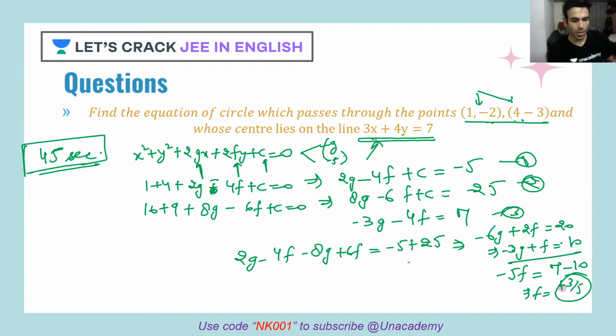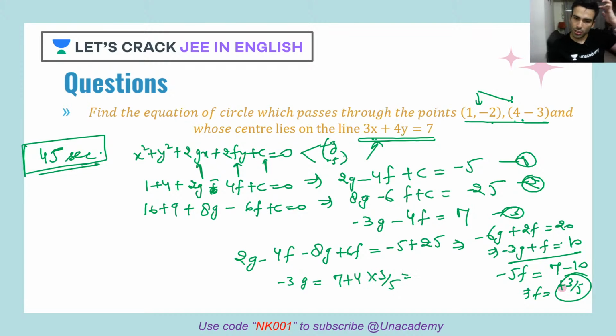Okay, so this is turning out to be, for this, f is minus 3 by 5. Okay, and if you want to calculate g, what do I get? Minus 3g is equal to 7 plus 4f, which is your 3 by 5. What do I get?